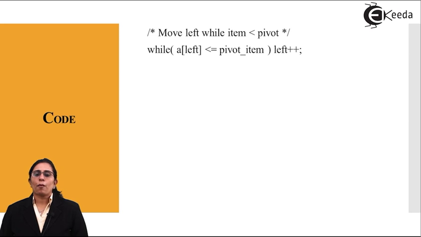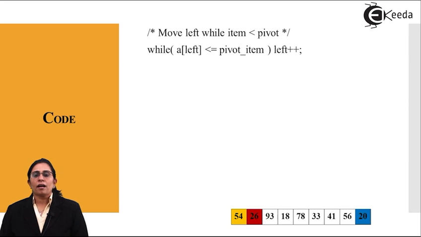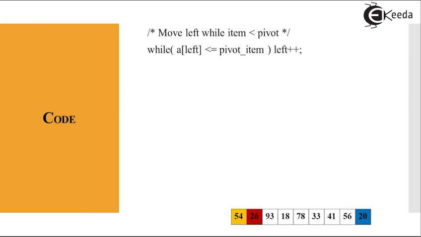That is, I compare the data at a position of left with the value of the pivot element. As you see in the list below, 54 is the pivot element, the data at the left is 26 and the data at the right is 20.